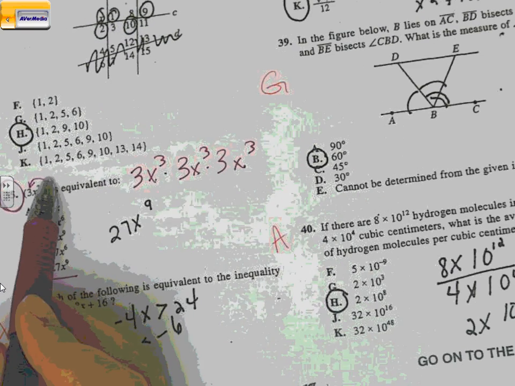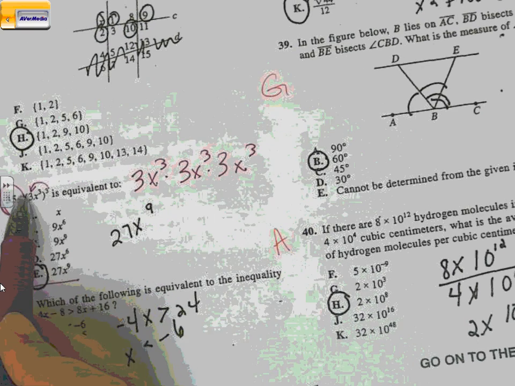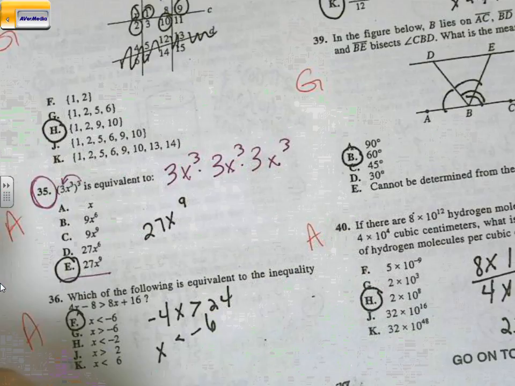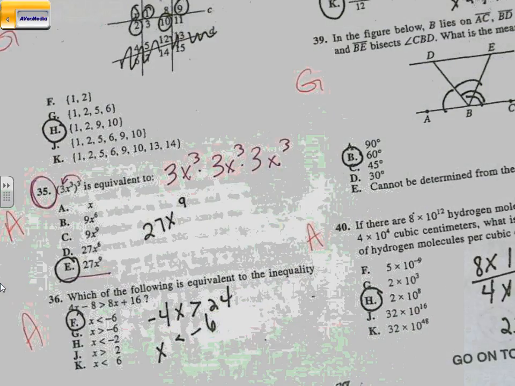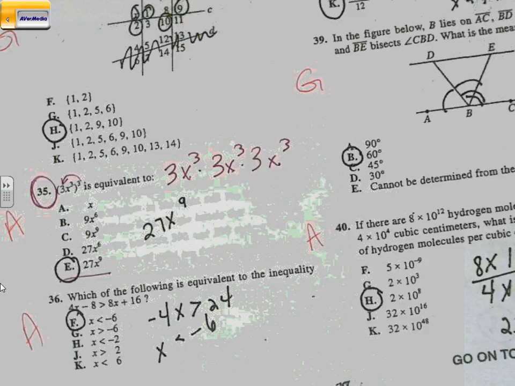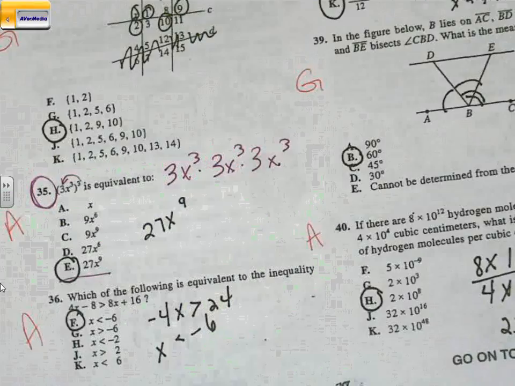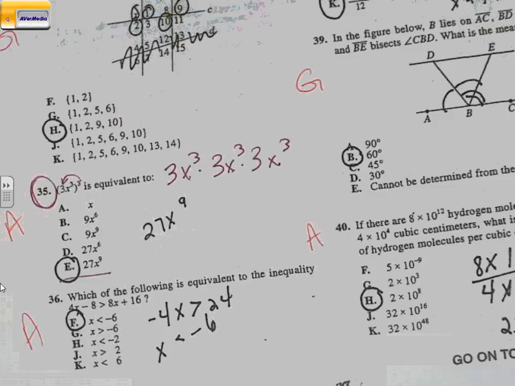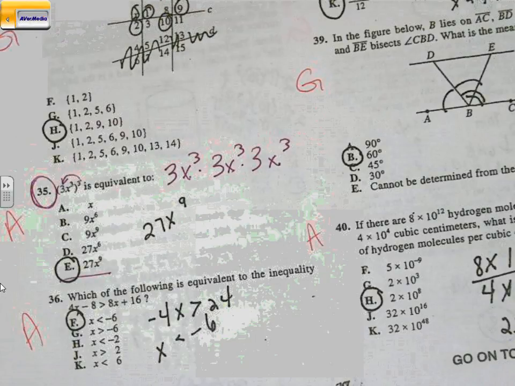Okay, there's one just like this on your test. You will need to know how to distribute an exponent. You can only distribute an exponent if there's not a plus in between. If there's a plus in between, you're going to have to FOIL. You're going to have to write it out. You remember the one on your test that was like 3x plus y squared? You have to do 3x plus y twice and multiply.